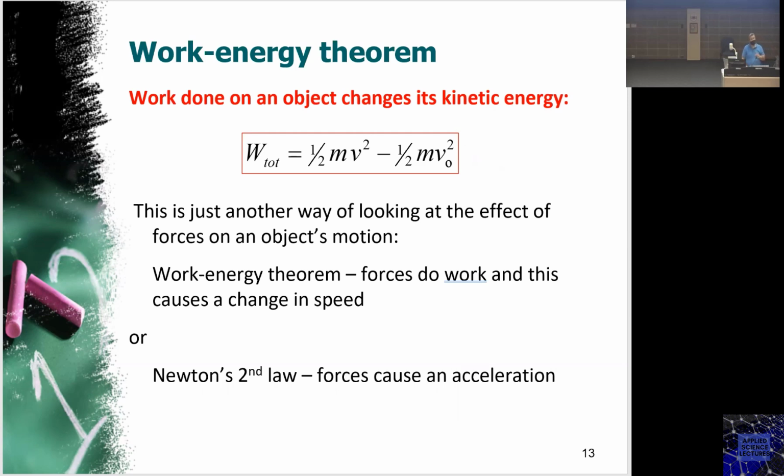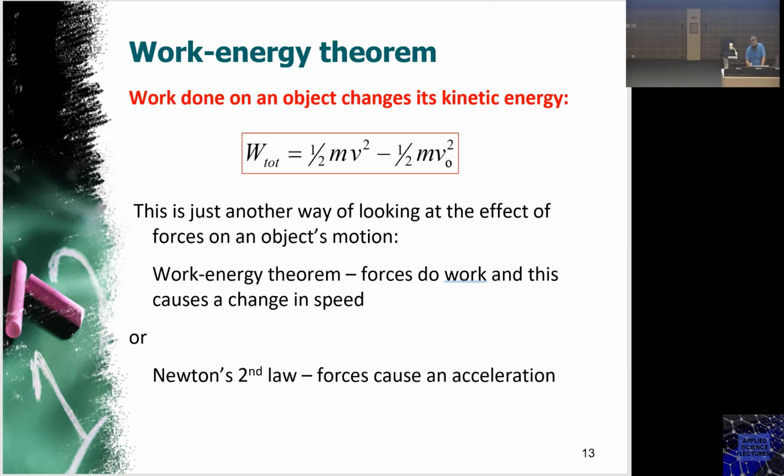So at the end, that work exerted on that object resulted into a change in its kinetic energy, and this is what we call the work energy theorem, where the work done on an object equals a change in its kinetic energy. So that work, the total work, is the kinetic energy at the final destination minus the kinetic energy at the initial destination.